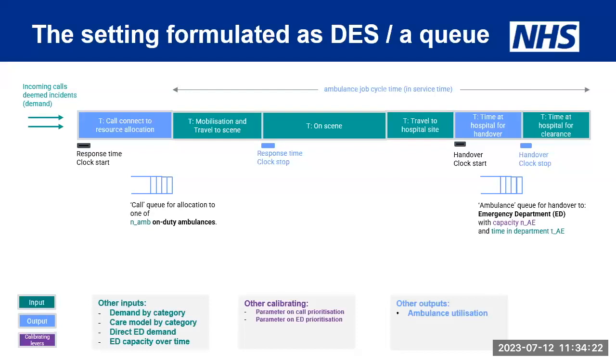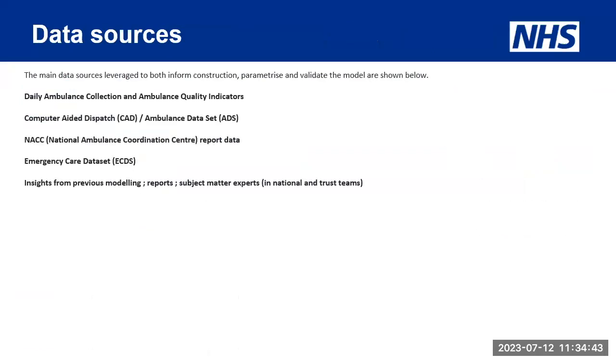That is something we do calibrate because we have a stylized emergency department, just to get it to the right levels. And then we also have the call queues and the time to allocate. By definition, that also means that our whole response time is an output. And the other is the utilization, so what percent at each point in time is being used.